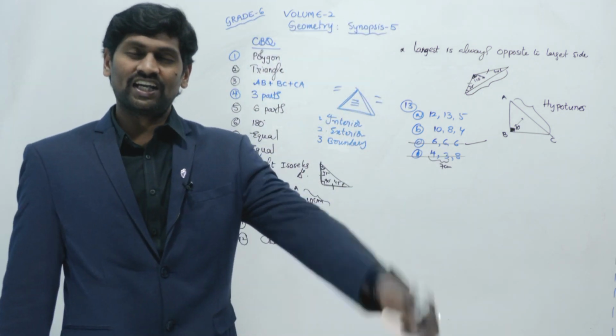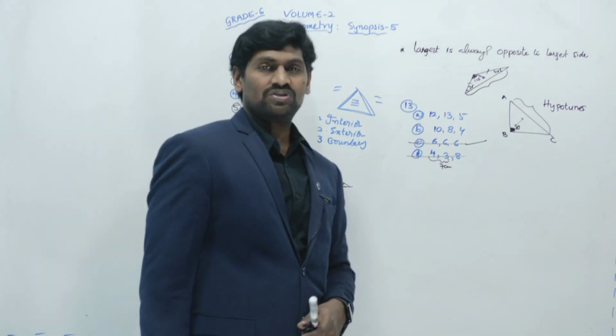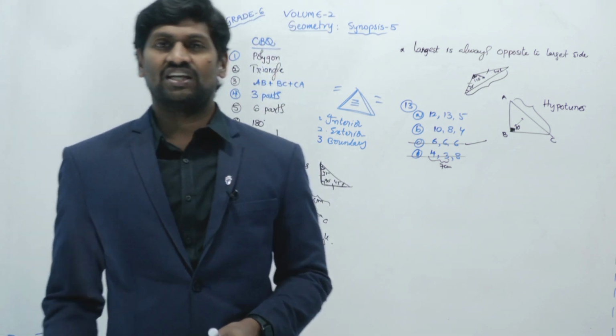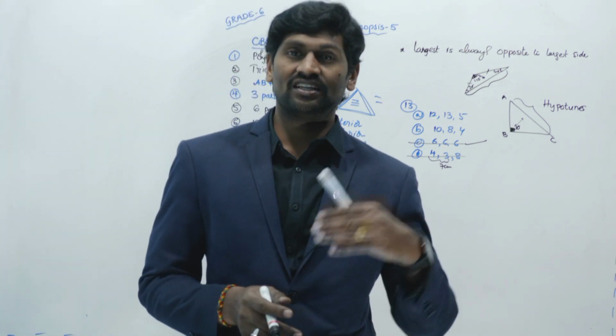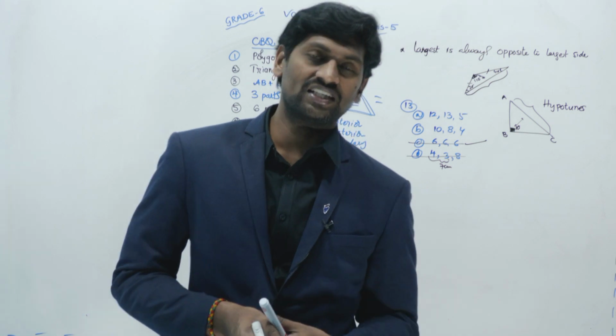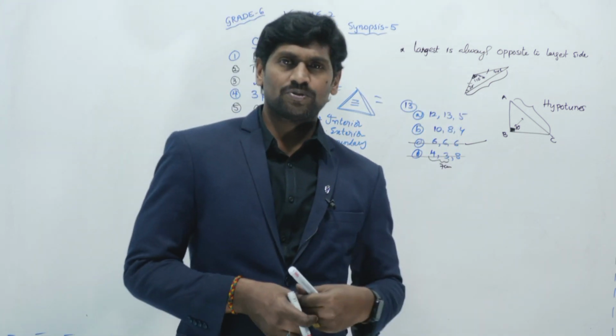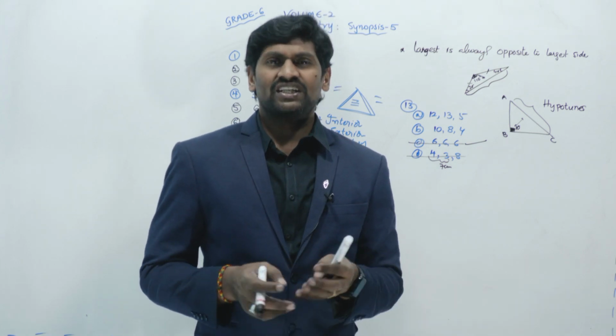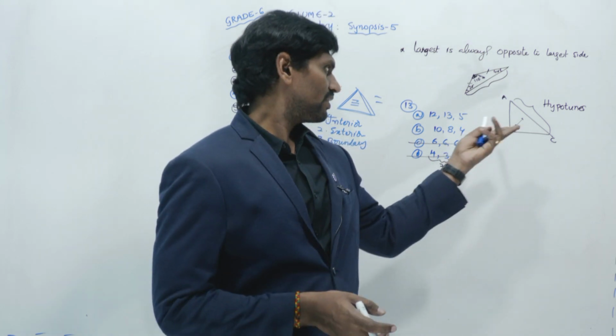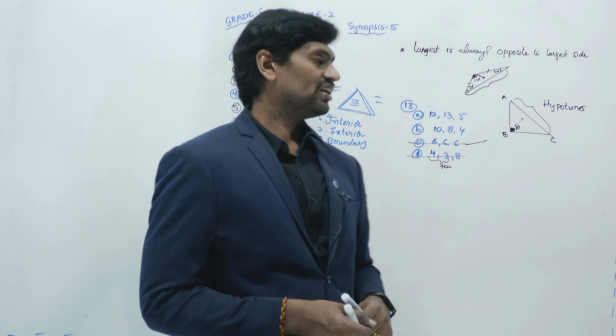The largest side is exactly opposite to the largest angle. The largest angle is 90 degrees, so obviously the hypotenuse is opposite to 90 degrees.